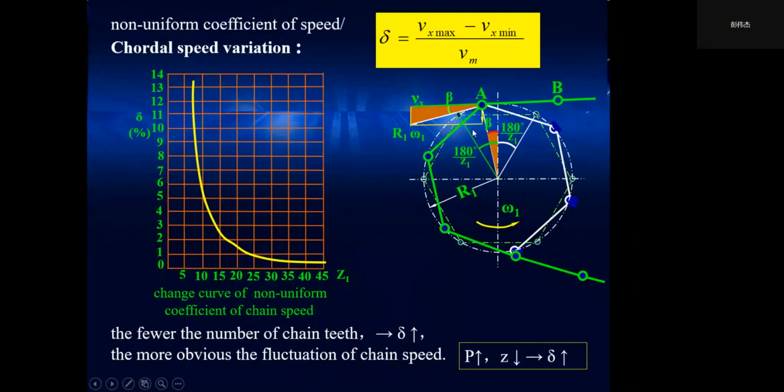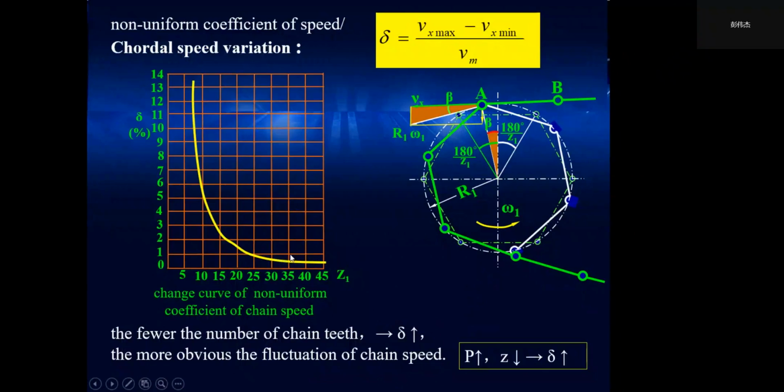The polygon action affects operating smoothness of a roller chain drive, particularly in high-speed applications, and both chordal speed variation and polygon action decrease as the number of sprocket teeth is increased.